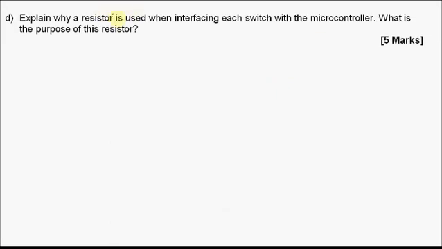Okay, now we've got our pull-up resistor that we're talking about. Why do we use a pull-up resistor? Well, think about our circuit for a moment. If we didn't have a pull-up resistor and we just have the switch, if the switch is not pressed, we have essentially this high impedance input connected to nothing, which means it's floating. If we put up our pull-up resistor there, it stops it from floating.